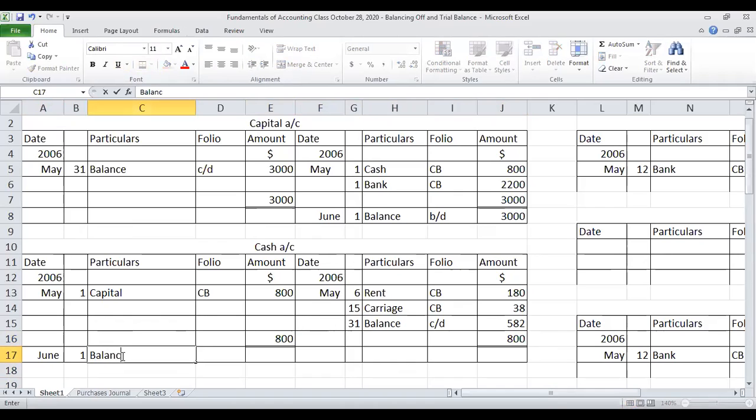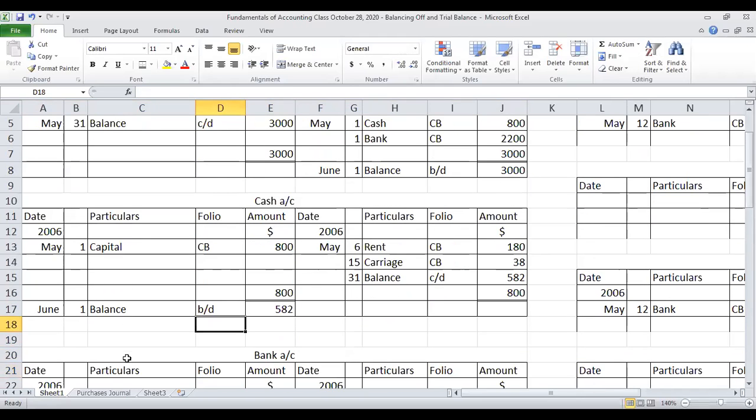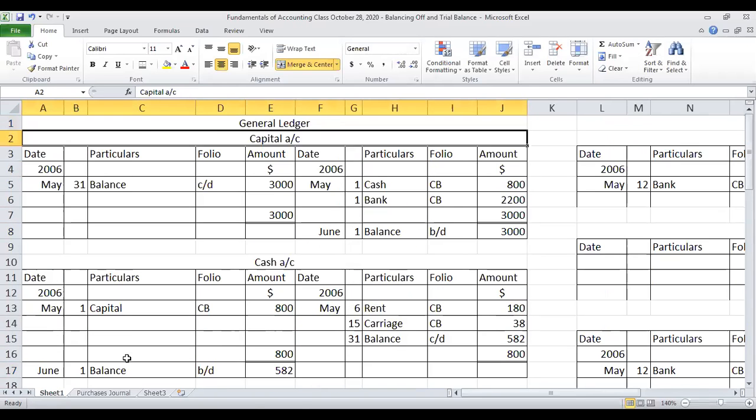Now it is showing us that the cash account has a debit balance of 582, because the debit side is greater than the credit side. As I go along, please write this in, all right? Any questions so far?